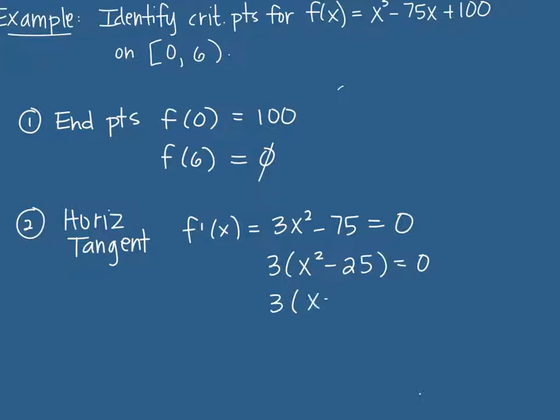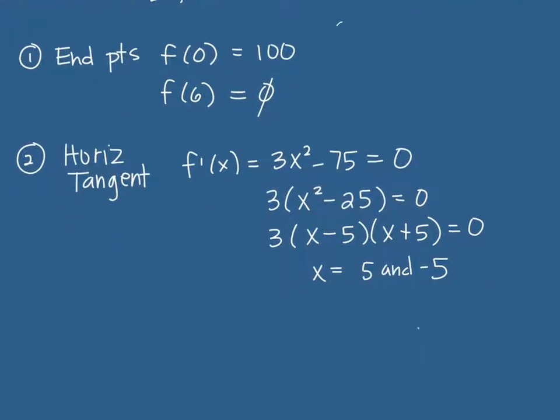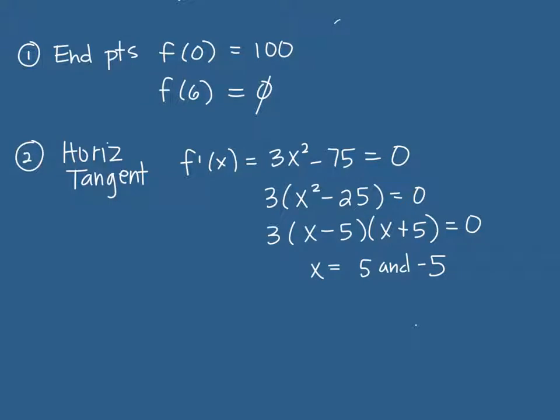So that'll be 3 times x minus 5 and x plus 5. And so I get 5 and negative 5. Now I need to find the function values at both of those places, f of 5 and f of negative 5. I found the x values, but I still got to find the y values.